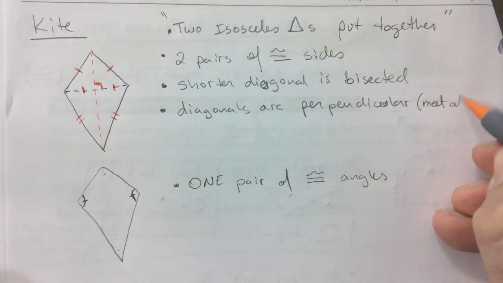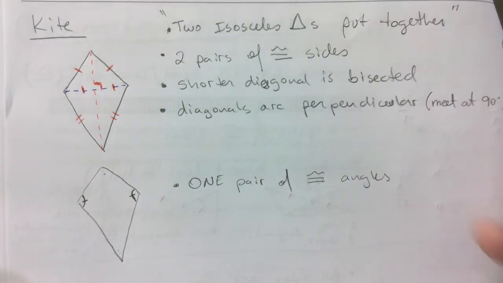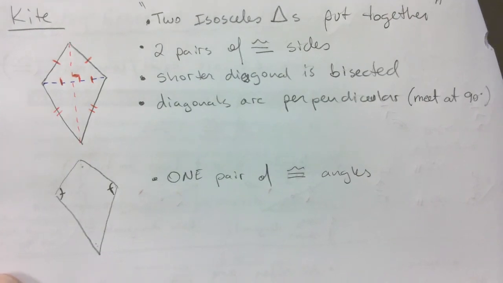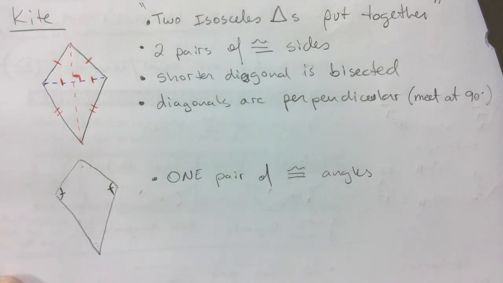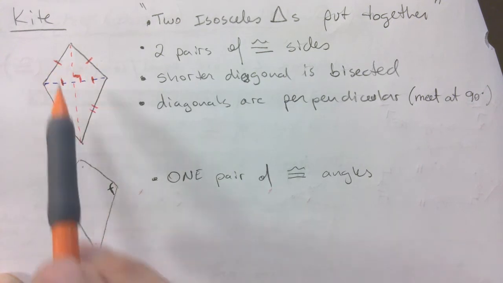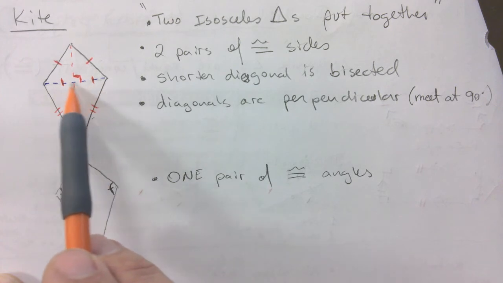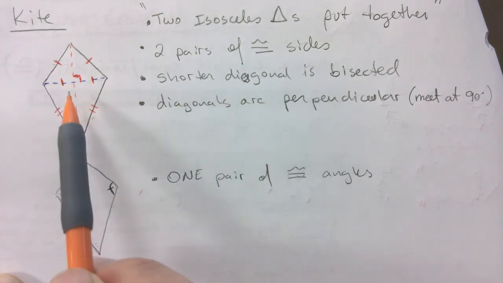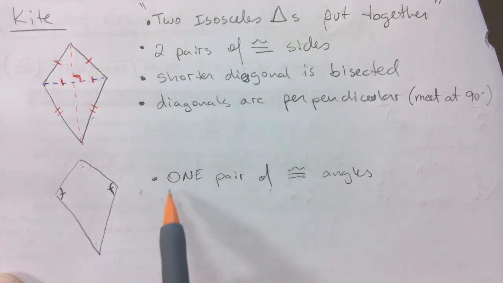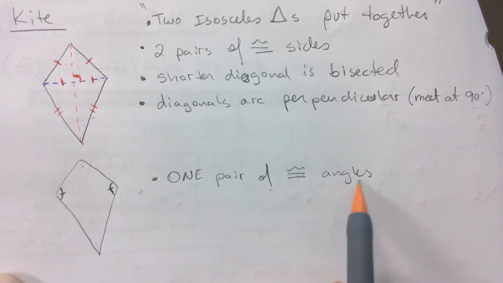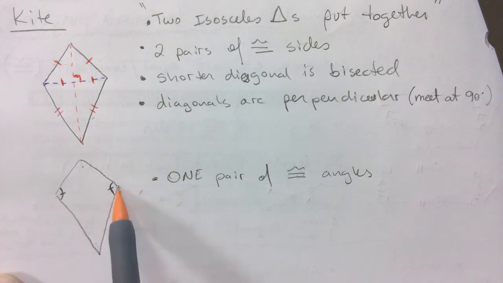Meet at 90. I think I said it all. Two pairs of sides that are congruent. So this is one pair, another pair. Got that. Shorter diagonal is bisected. Diagonals are perpendicular. And one pair of congruent angles, which are these two here. Okay.